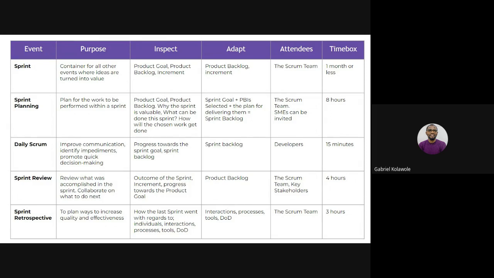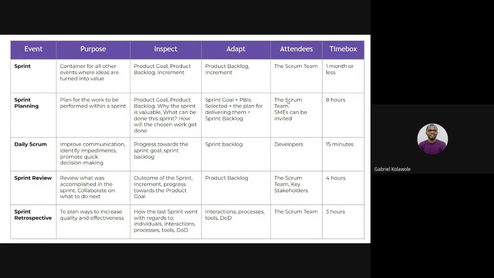So the items you have chosen into your sprint backlog can actually change or be adapted, so long as it does not alter your sprint goal. When we study the Scrum guide deeply, it tells us what happens when your sprint goal is obsolete. So all of this comes from the sprint backlog.